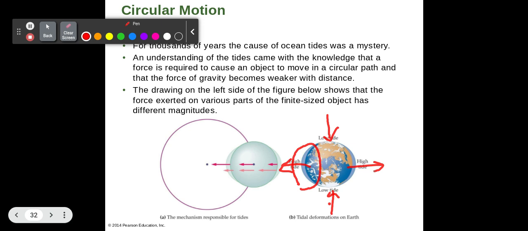But then as you go around and continue to move, that's going to change. That's why high tide and low tide come at different times in different places. Not everybody has high tide at the same time, because again, you're rotating around, moving in that circular motion. So those bulges are going to move from place to place on the Earth.